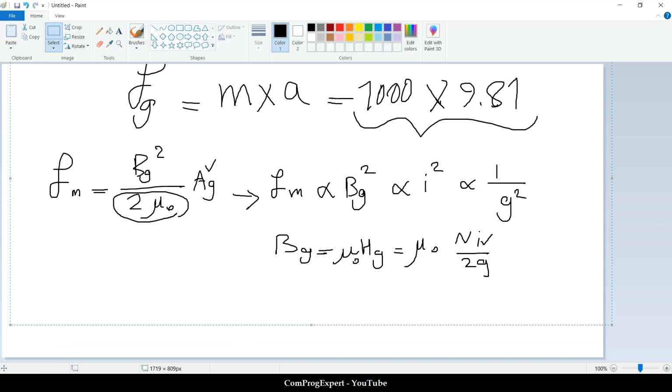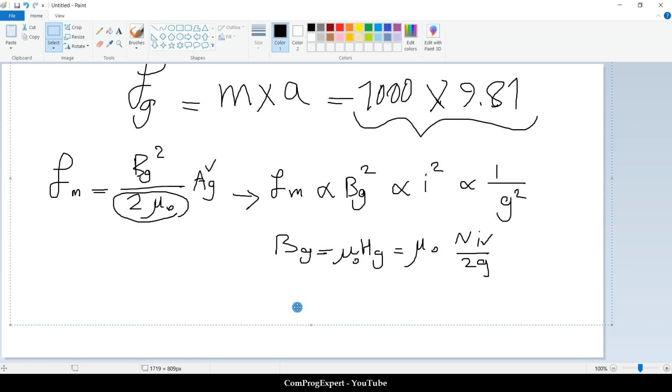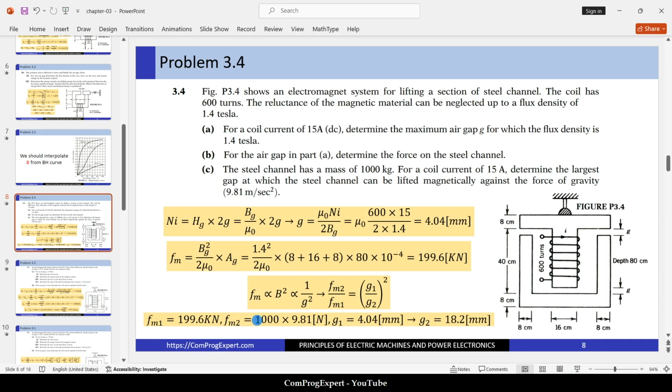So what is the value of the force for the second case? For the first case, we calculated this force. For the second case, we are going to compensate this force of gravity. The force of the gravity, we can calculate it using this product. So this is the air gap thickness 1. Finally, this will be the air gap thickness for the second case, 18.2.